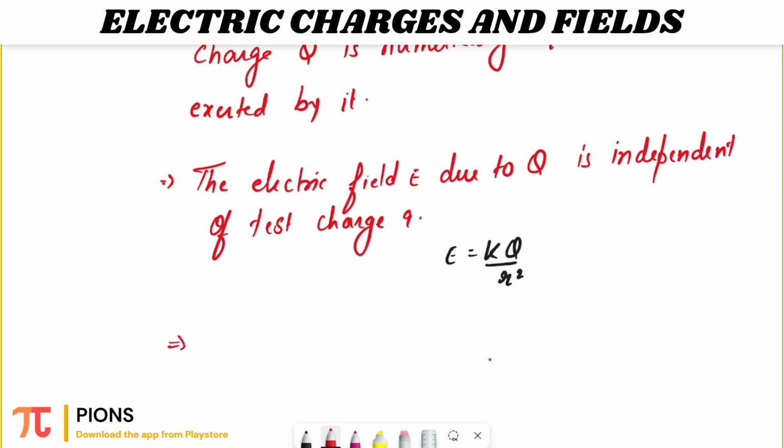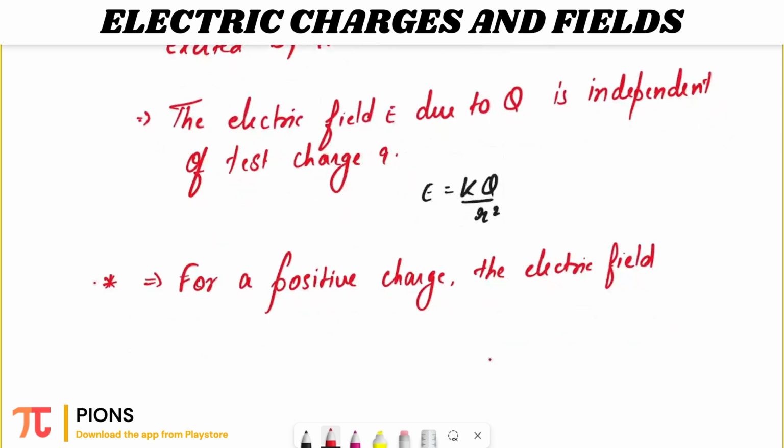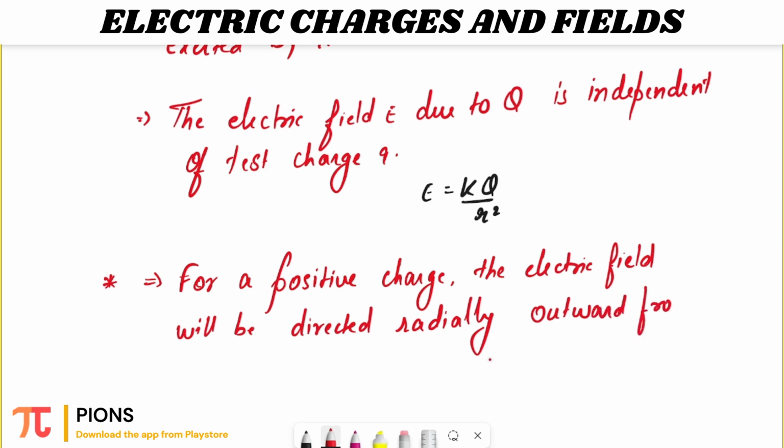Let's see the third one, and very important here. Important point. For a positive charge, the electric field will be directed radially outward from the charge, away from the charge.